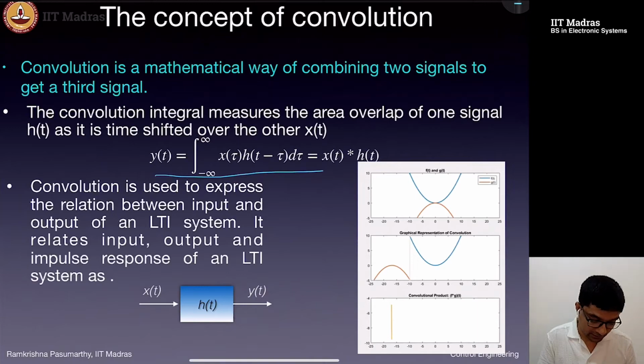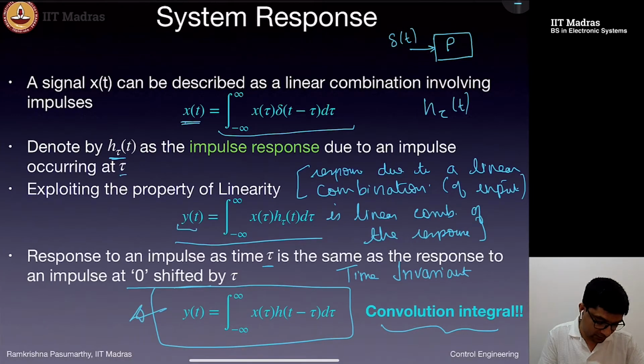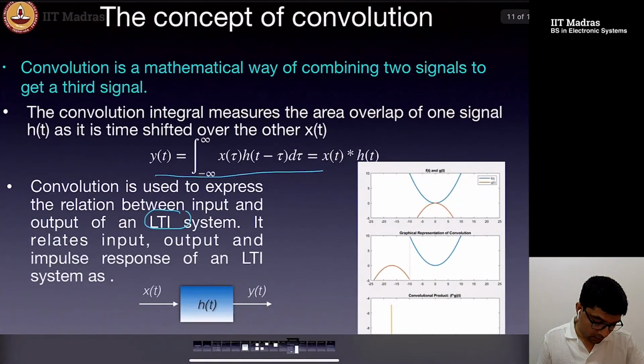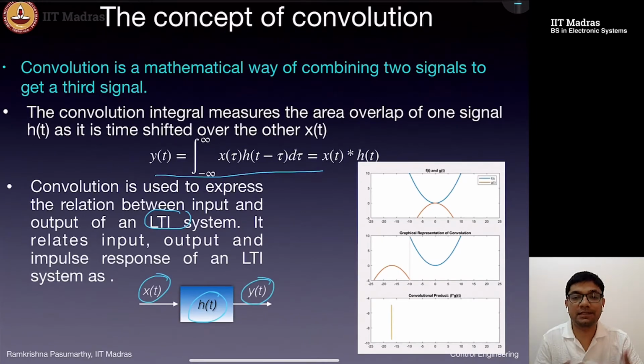Again, this is important because we arrived at this by using two things: one is the superposition, and second is the time invariance of systems. So this convolution relates the input of the system to its output y of t. It's not just a simple multiplication of h of t times x of t.